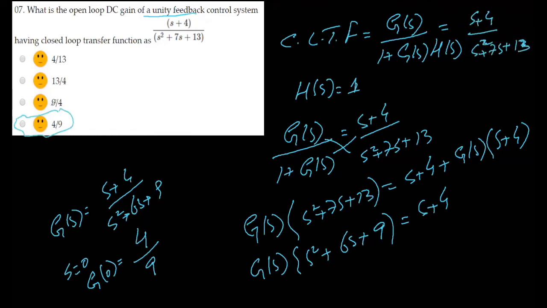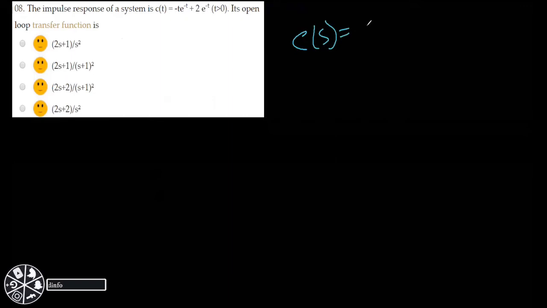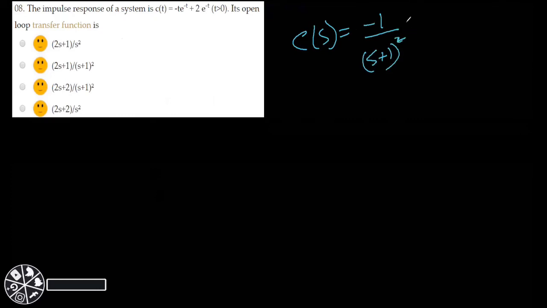Okay, next MCQ is, the impulse response of a system is c(t) is equal to minus t e power minus t plus 2 e to the power minus t. Its open loop transfer function is, so let's convert it into the s domain. So this will be equal to minus 1 divided by (s plus 1) whole square plus 2 divided by (s plus 1).